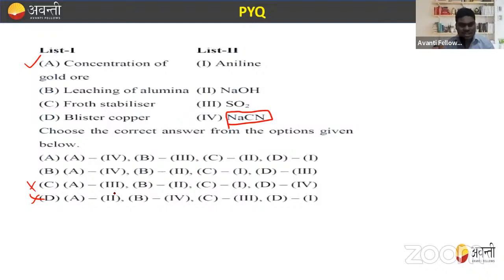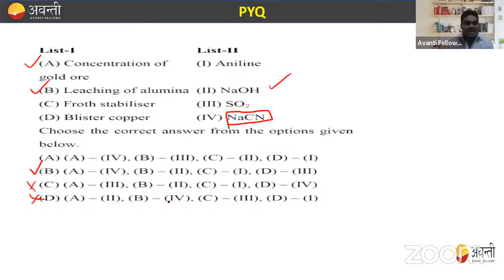Now B, the leaching of alumina. Is SO2 used or NaOH? Obviously NaOH is used. So which of the following is correct? This one, because in the third, SO2, no: in the leaching of alumina, NaOH is used.